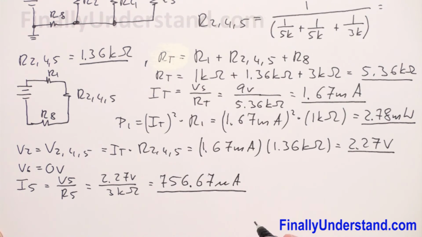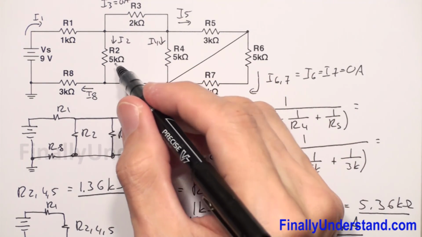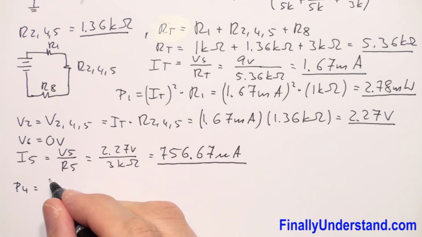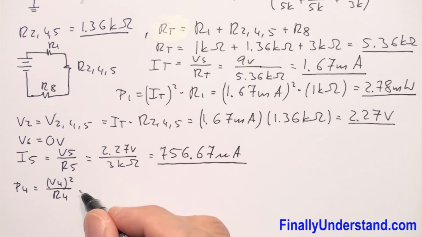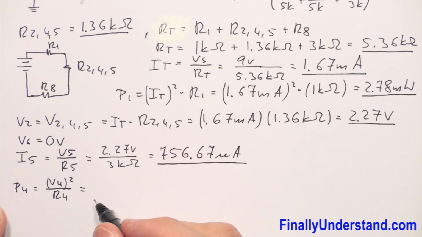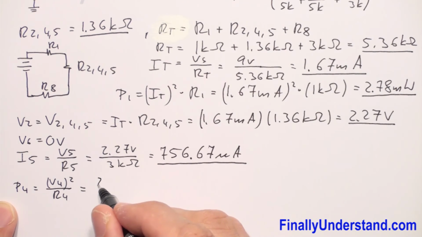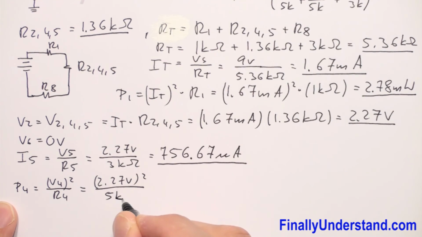Next, I'm supposed to find P4. Please notice that the voltage across resistor R4 is also equal to the voltage across resistor R2. So I can say that this is V4 to the second power over R4. This is going to give me power 4. So V2, which is also my V4, is 2.27 volts to the second power over R4, which is 5 kilo ohms.